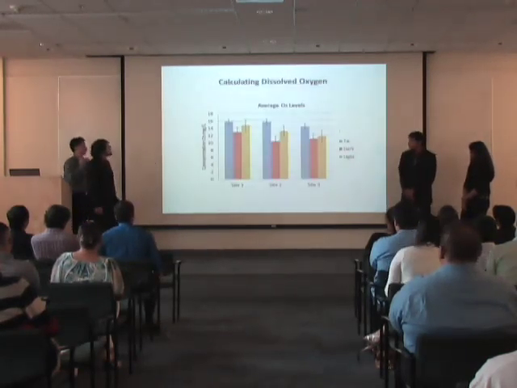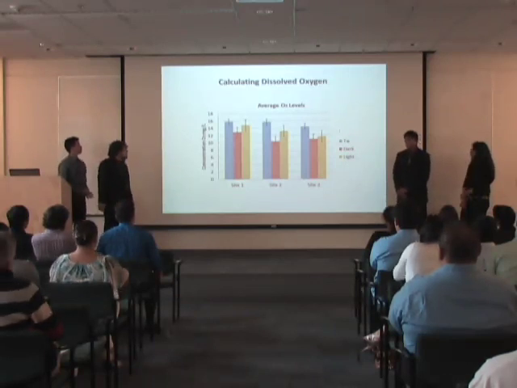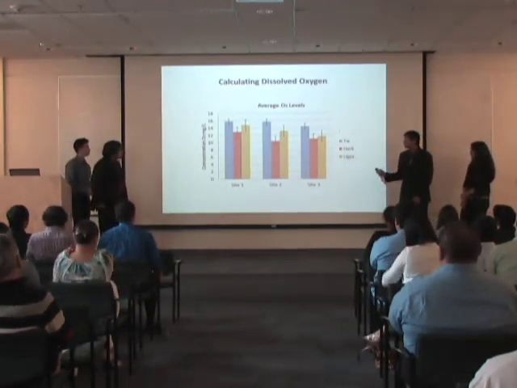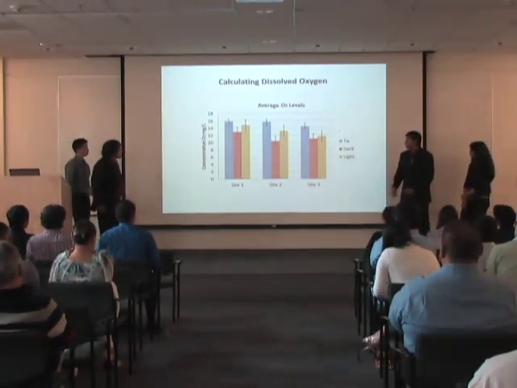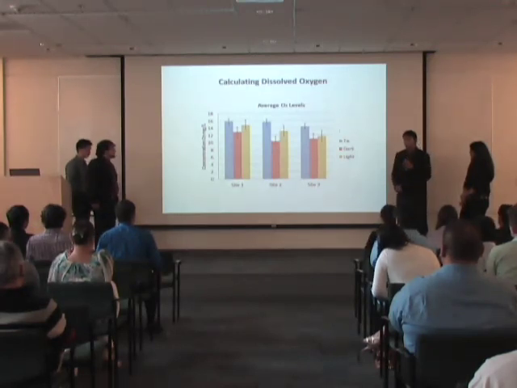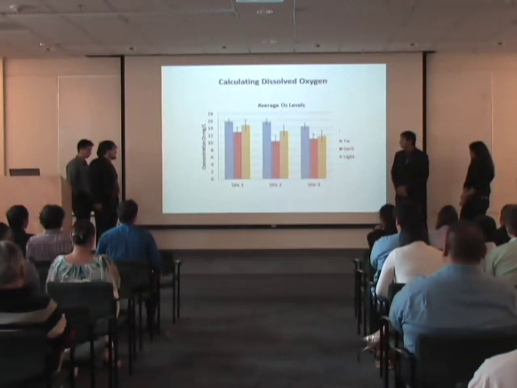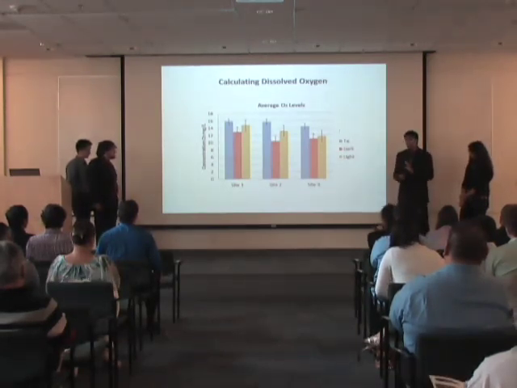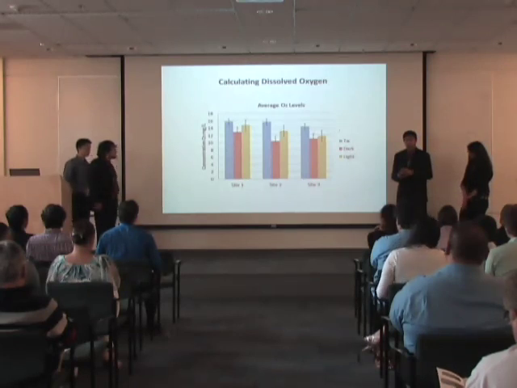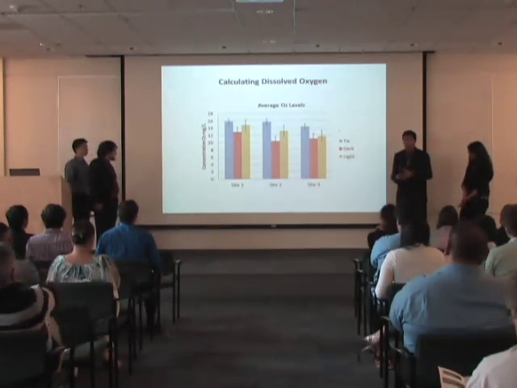Okay, so using the numbers from the previous slide and our concentrations, we can see that our time zero, the blue bar, can be used as a reference point. Comparing it to the dark bottles, the red and the green, we can tell a lot about what's going on in the water. Our expectation was that since the darker bottles are only allowed to respire and not photosynthesize, they would be lower than the reference point.